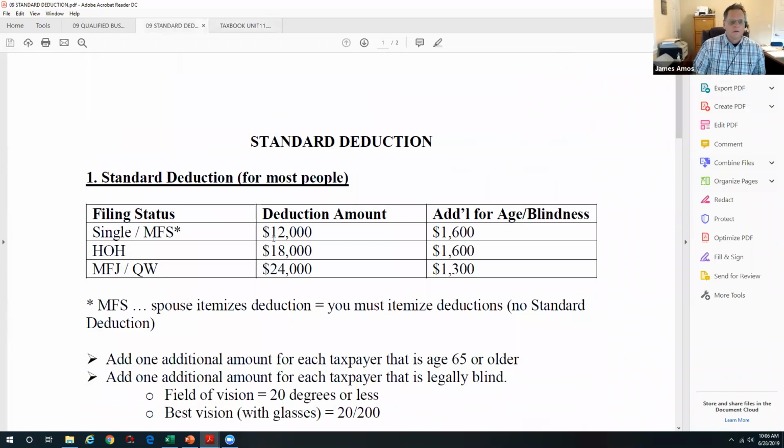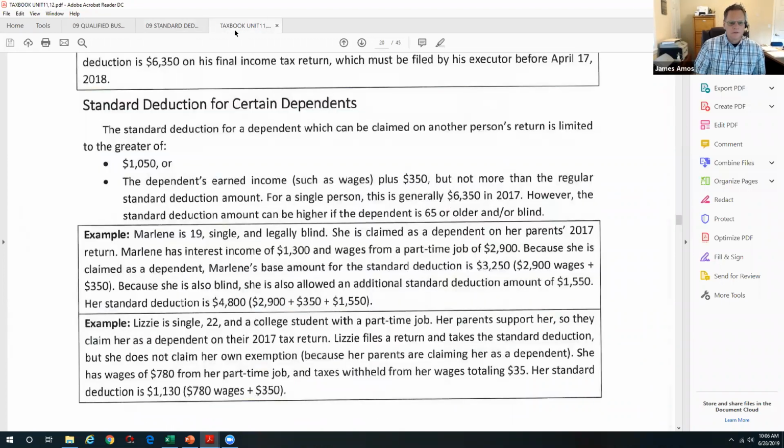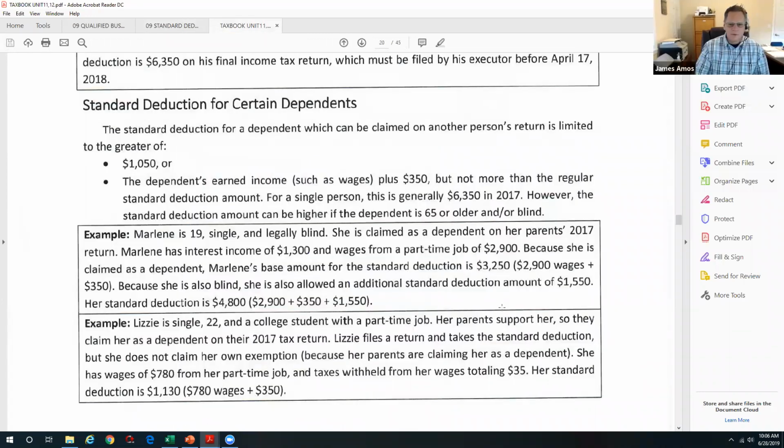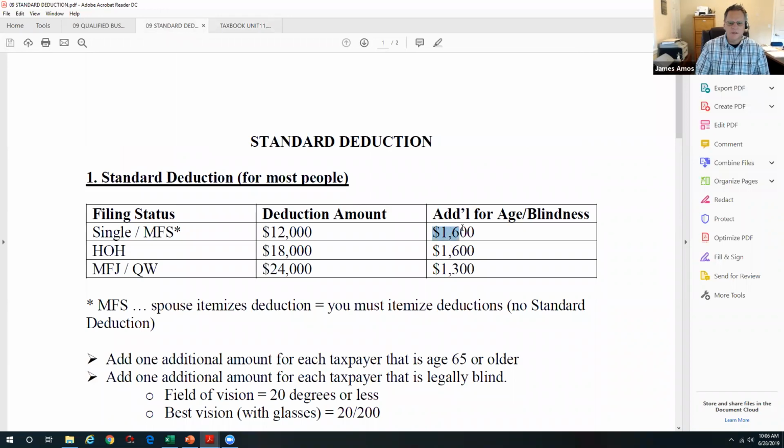It would be 13,600. These numbers are wrong. That's not the right number for an additional standard deduction amount. The right number is 1,600 for 2018.